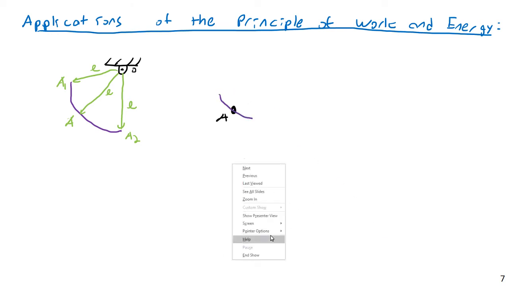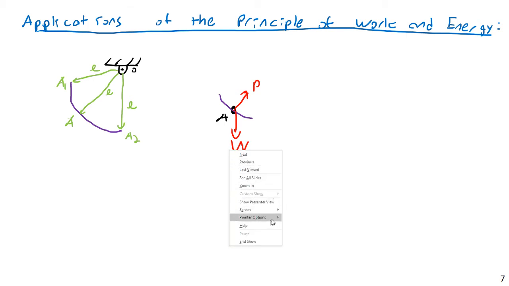And then my force will be perpendicular to this path. My centripetal force, my tension force. So I have some force, maybe I could call this P, a pulling force. And then I have weight W pulling down, capital W.